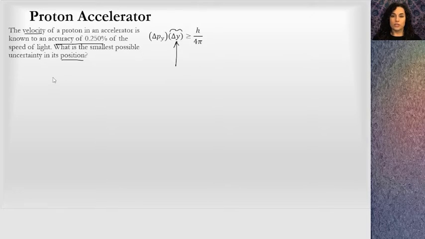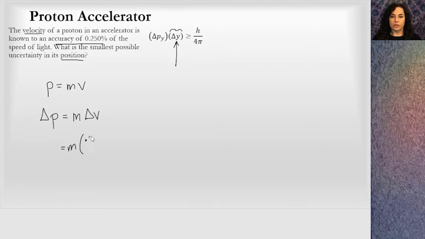I can relate the uncertainty of the velocity to the uncertainty of the momentum. Classical momentum says p equals mv. So if I want to find the variability, the uncertainty in the momentum, then I would take m times the uncertainty in the velocity. And I know the uncertainty of the velocity.